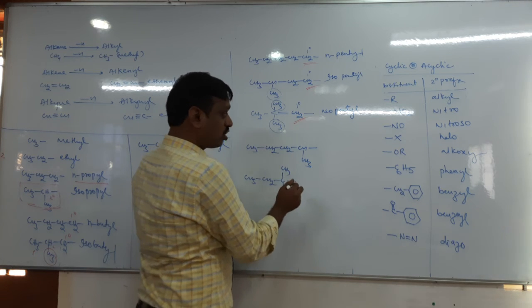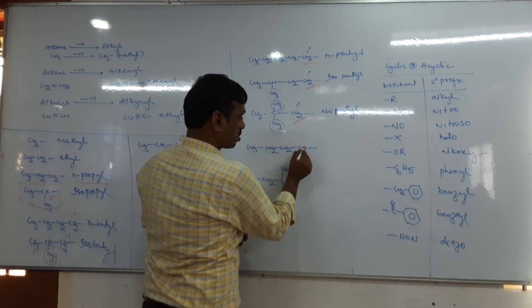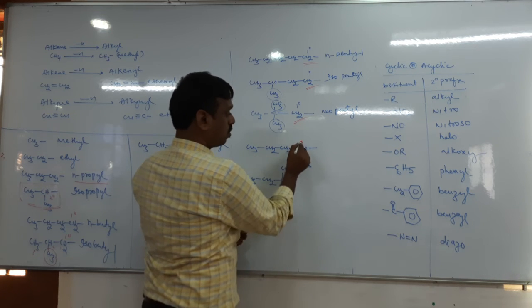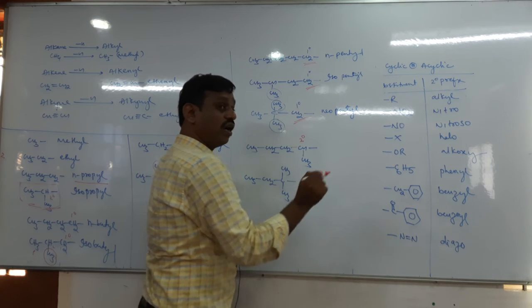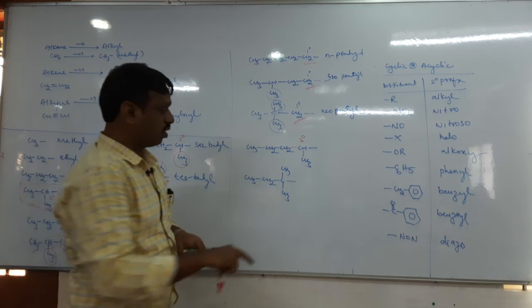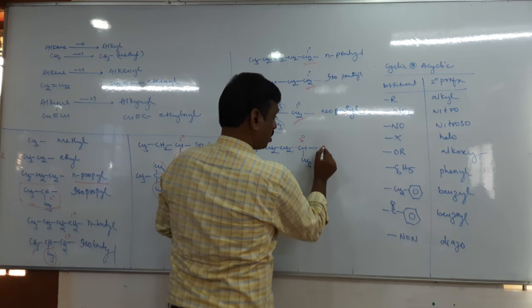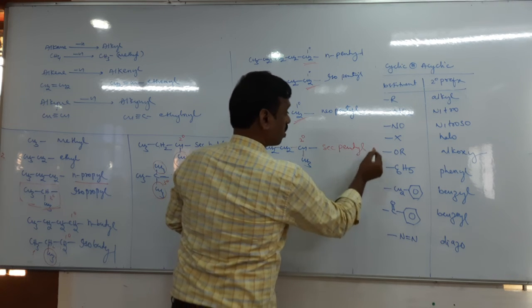Even though one branching is there, is this carbon primary, secondary, or tertiary? Is this carbon attached to an adjacent carbon? No. Secondary carbon. Since it is a secondary carbon, it is not iso, because n-iso-neo is always primary. Therefore, it is secondary pentyl only.